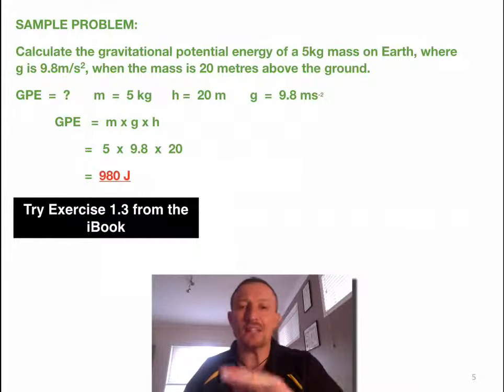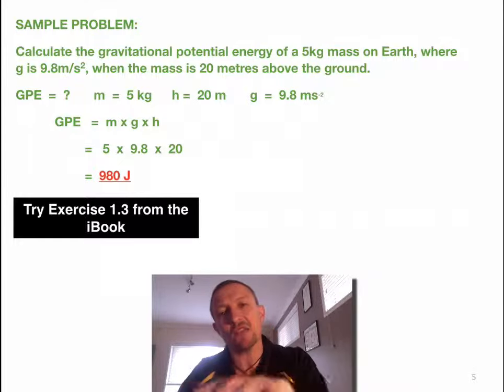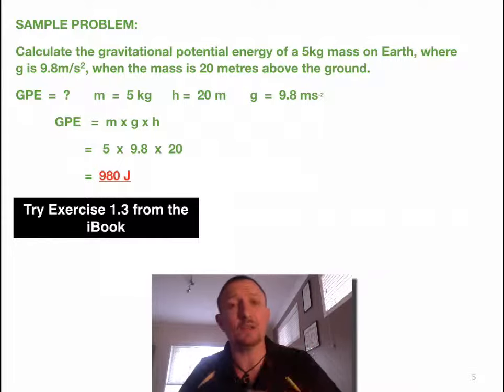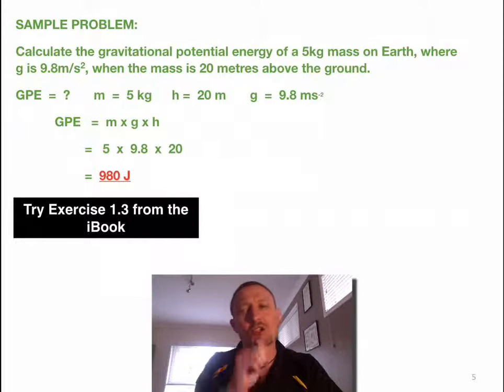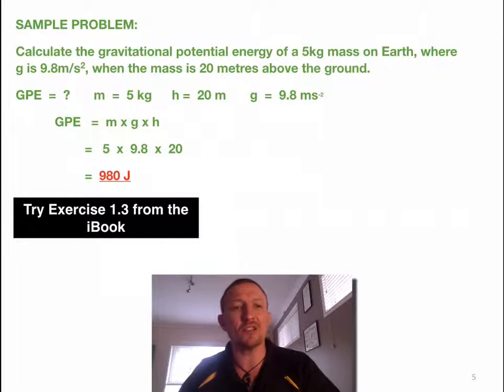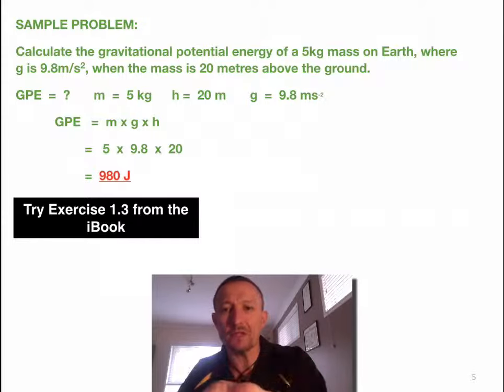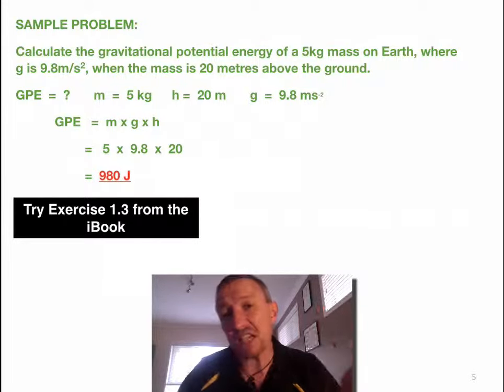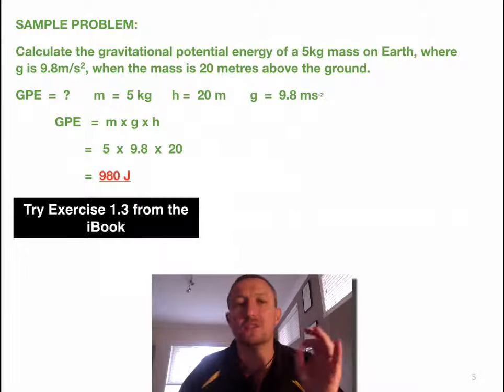So write down what you know, and you can see here I've done it in the same sort of format. After a while you'll get really good at this, but it's always worth going through the question and highlighting what you know. Calculate the gravitational potential energy, so GPE question mark. What do I know? Well, the first piece of information is the mass, which is 5 kilograms. Because it's in kilograms, I don't need to convert it, so that's good.